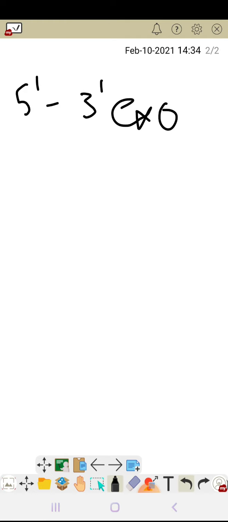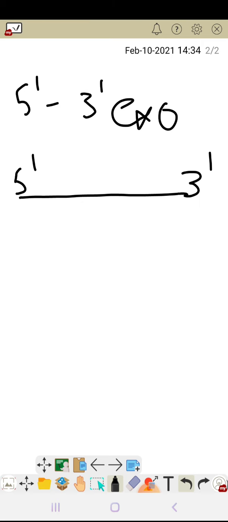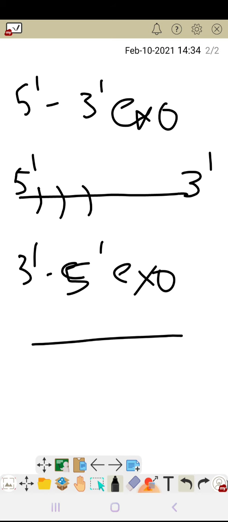As we know, DNA has two ends, one is 5', the other is 3'. 5' to 3' exonuclease activity means from the 5' end it will remove nucleotides towards the 3' direction. And 3' to 5' means from the 3' end it will remove nucleotides. Exonuclease means removal of nucleotides.